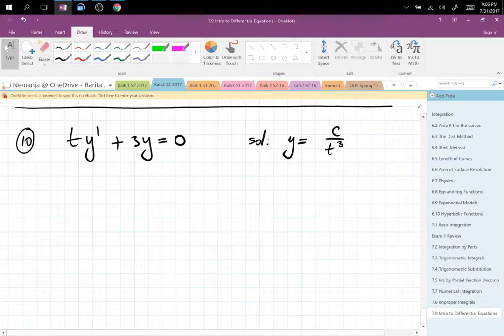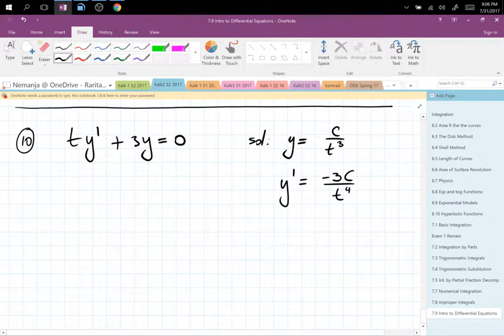So what's y prime? Negative 3y divided by t. Negative 3y. Negative 3c by t to the 4th.